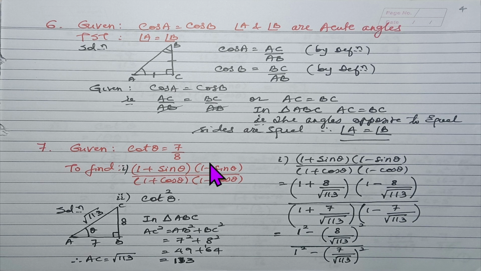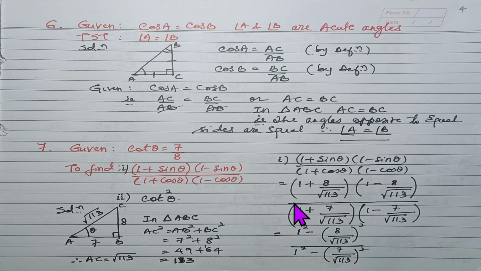Now substitute the values here. 1 plus sin theta. What is sin theta here? Sin theta will be 8 divided by root of 113, and 1 minus sin theta, where sin theta is 8 by root of 113. So we have 1 plus sin theta and 1 minus sin theta, and cos theta will be 7 by root of 113, and I have substituted here.